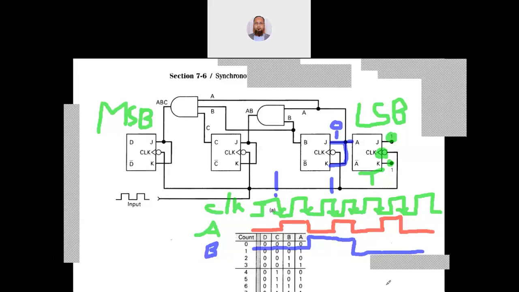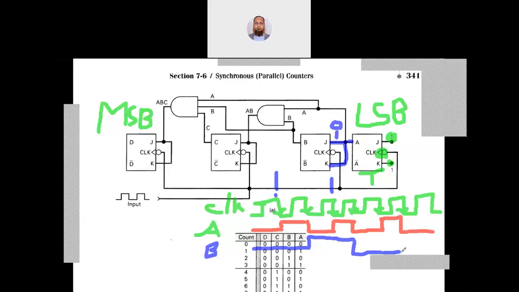Sorry, I have made some mistake here, and this would remain 0. Now again you can see here A is high and the clock comes. Since A is high and the clock comes, what will happen?